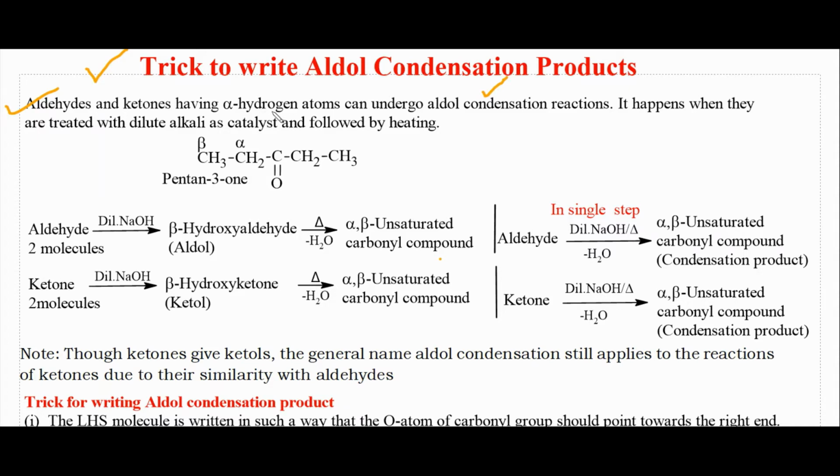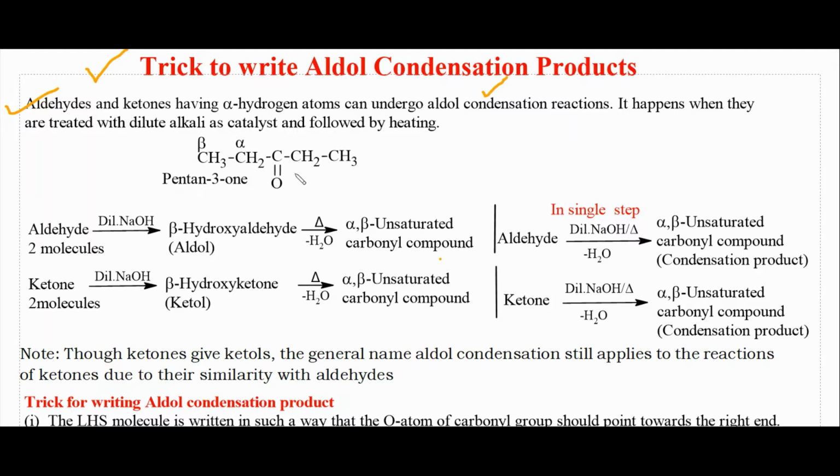Alpha hydrogen atoms means hydrogen atoms present on the alpha carbon atom. Then what is the alpha carbon atom? The carbon atom next to a functional group is called the alpha carbon atom. Here is an example, pentan trione.